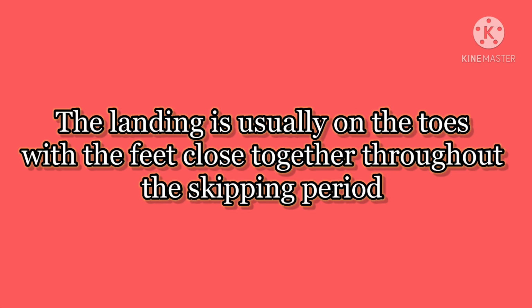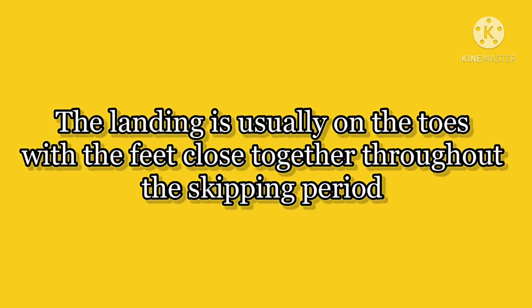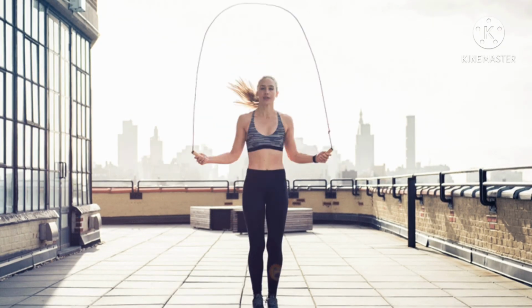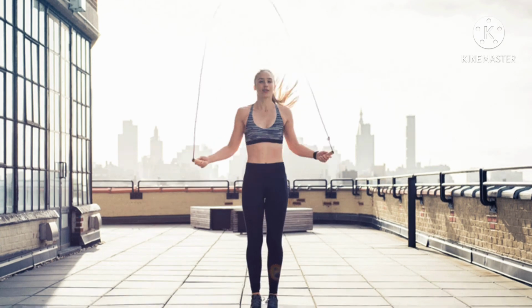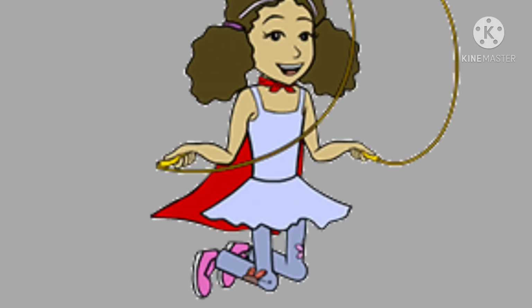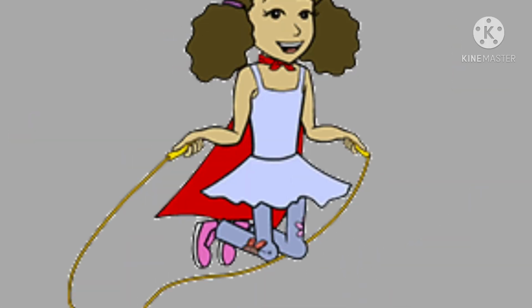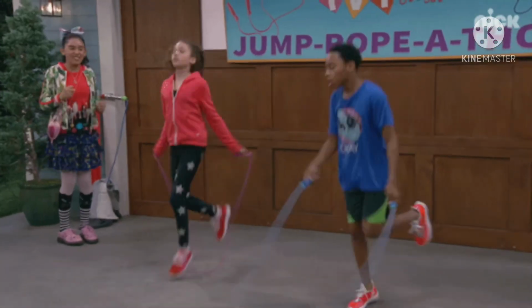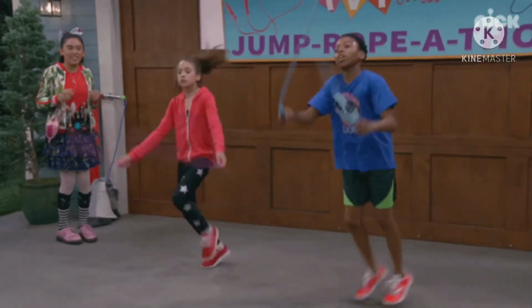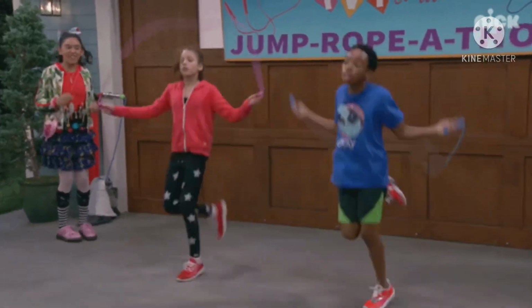A popular example is rope skipping. Rope skipping is very common among us. Most of us as kids used a skipping rope to skip. So rope skipping is usually done by children.